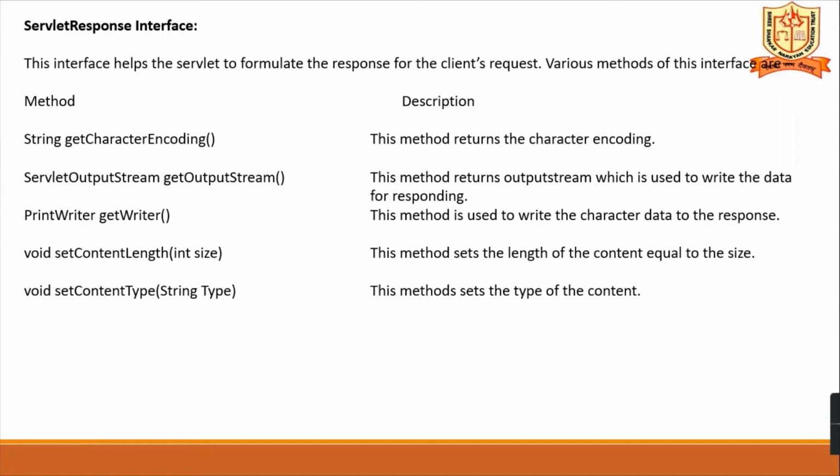You use this SOP. Suppose you want to write something to or read from the browser, you have to use this PrintWriter or the getContentType method to read this. So there is a response object and a request object. Through the request object, you read the data from the browser, and through the response object you print something on the browser side.